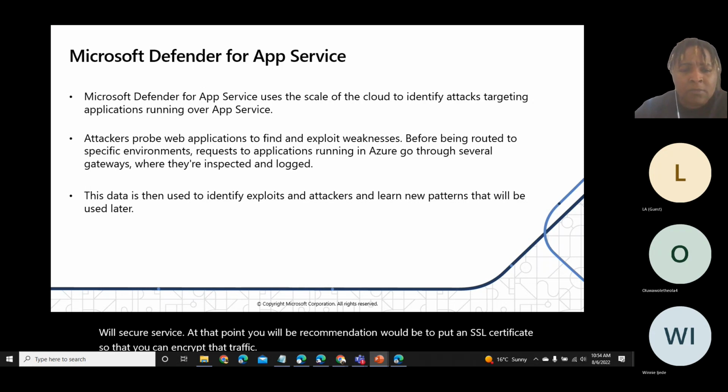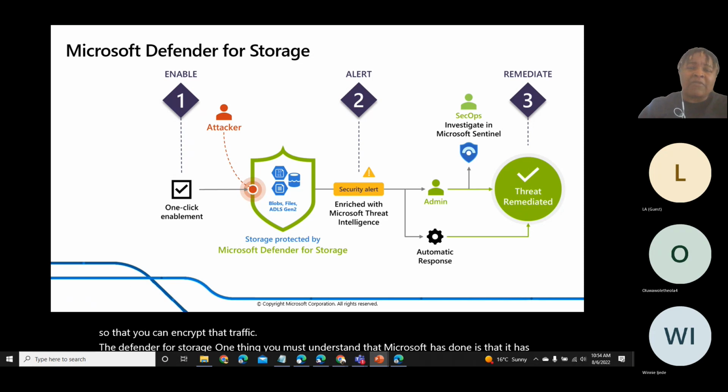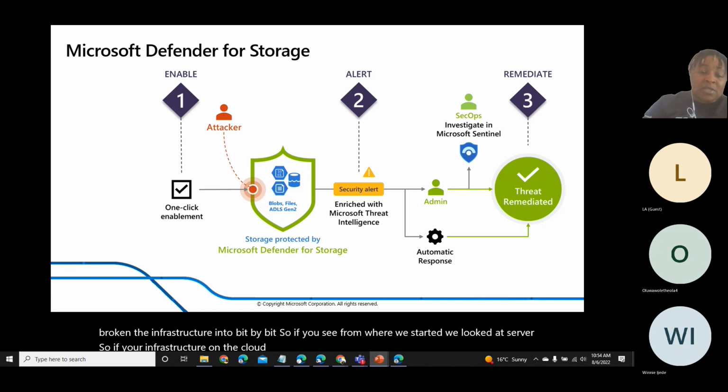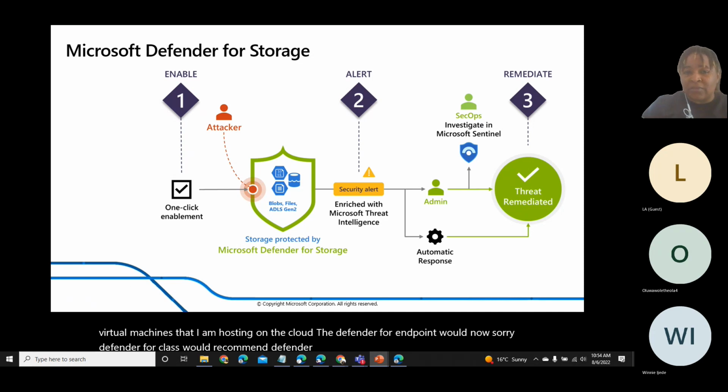Okay, the Defender for storage. Now, one thing you must understand that Microsoft has done is that it has broken the infrastructure into bits by bits. So if you see from when we started, we looked at server. So if your infrastructure on the cloud is you're still running the concept of I have virtual machines that I am hosting on the cloud, Defender for Cloud would recommend Defender for Endpoint on those devices, right?